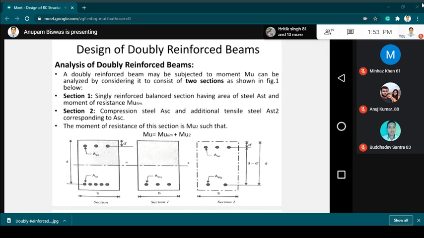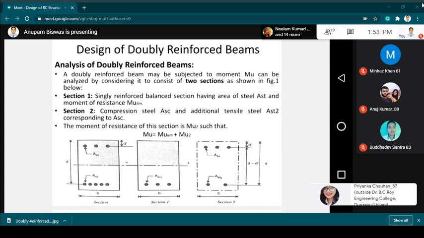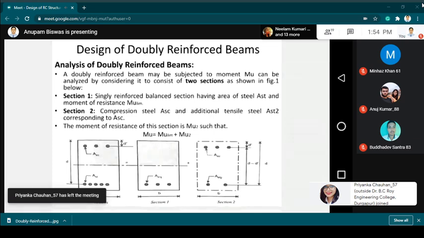In section 2 we call the moment of resistance Mu2. This Mu2 comprises the steel available at the compression zone, that is Asc, and additional tensile steel, that is Ast2, required corresponding to Asc. So Mu is actually the summation of Mu limit plus Mu2.